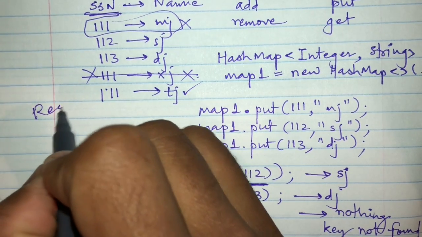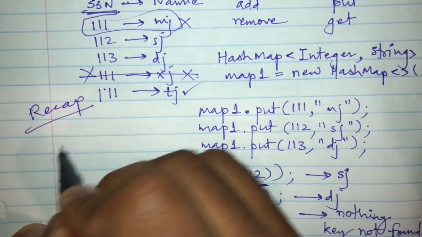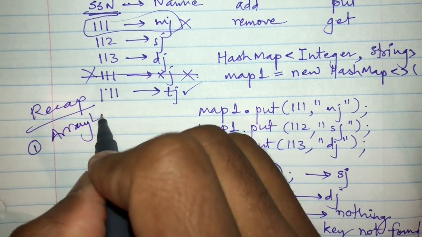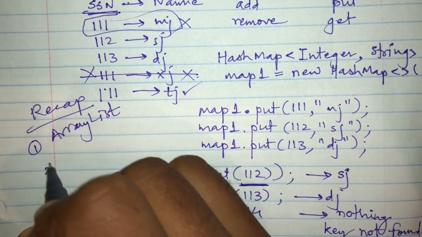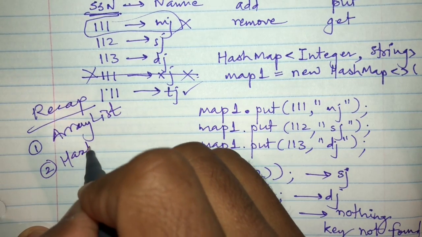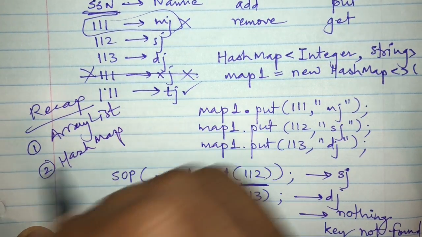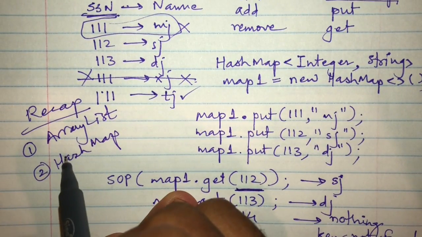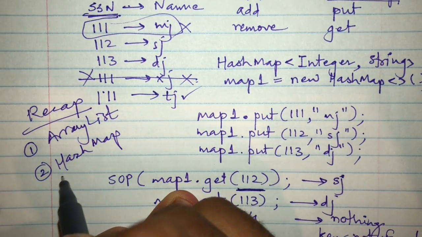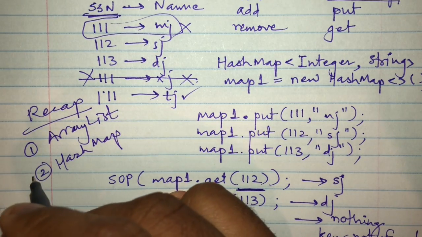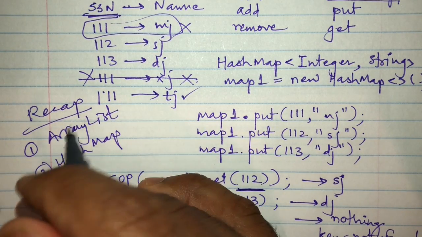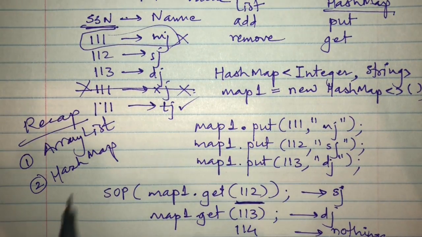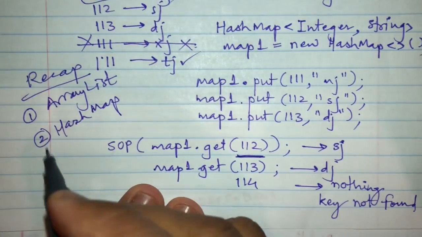So, in order to recap, in this video we saw array list, which has add and remove methods, and hash map, which has put and get methods. These are called collections in Java, and we usually use a collection while dealing with big data sets, and we need complex functionality in order to deliver the business results.